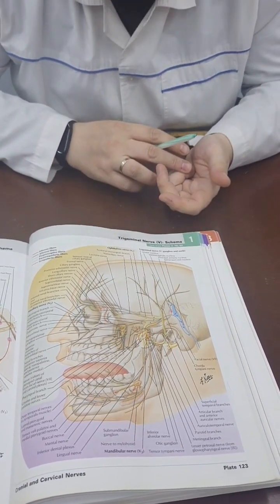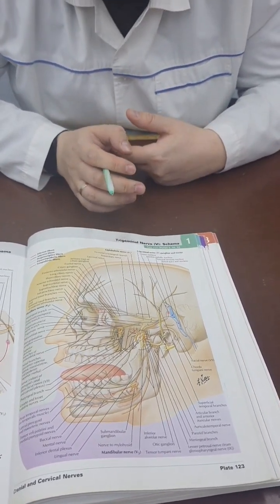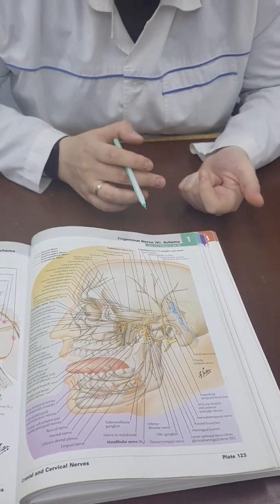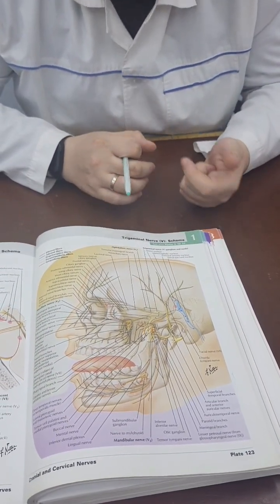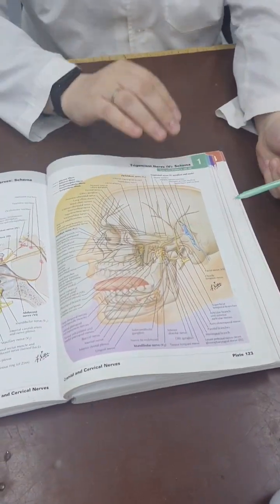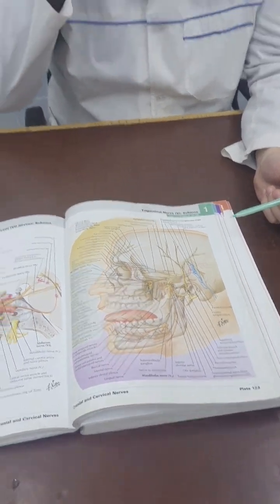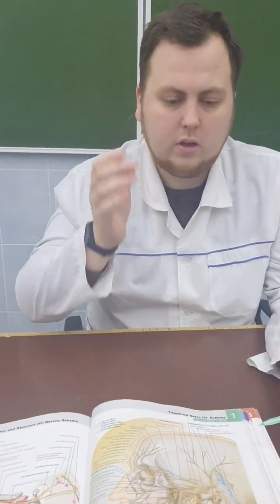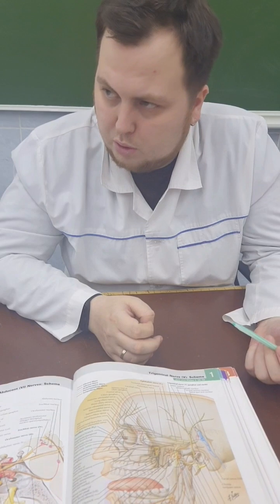It gives articular branches to the temporomandibular joint. It gives anterior auricular nerves to the auricle, to the pinna, here. And it will terminate in the skin of the temporal region as the superficial temporal nerves.